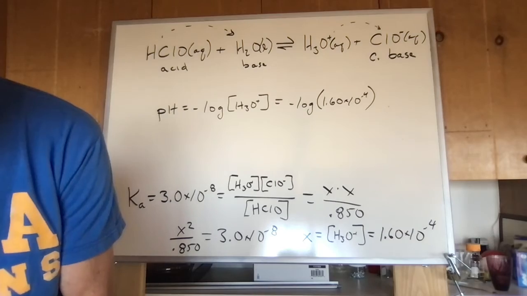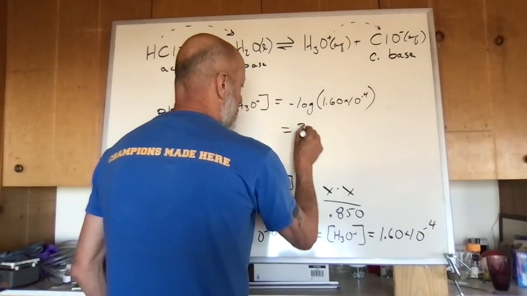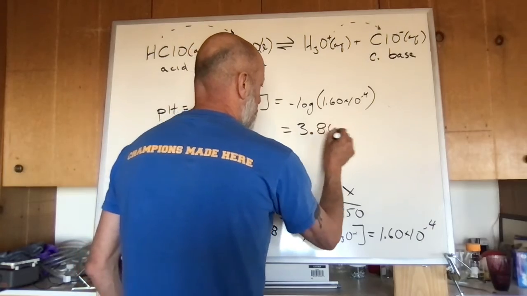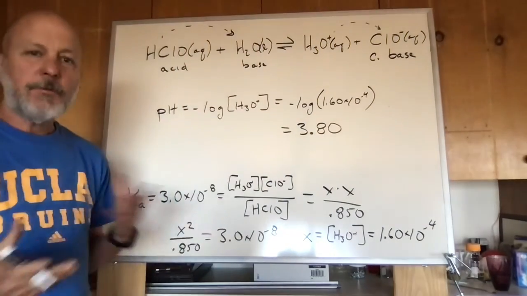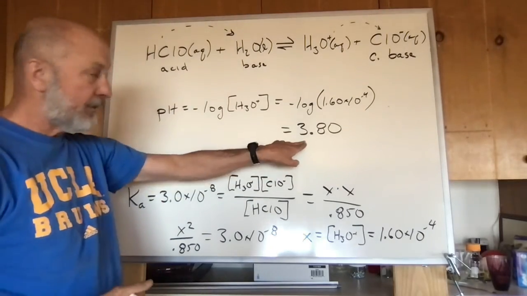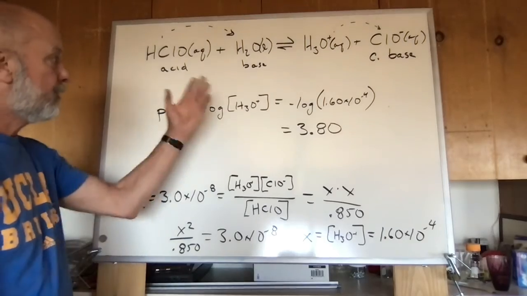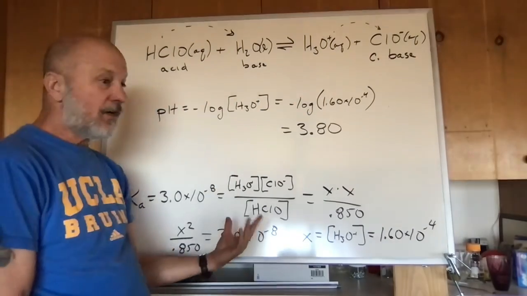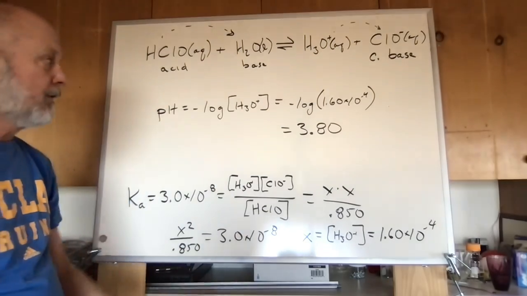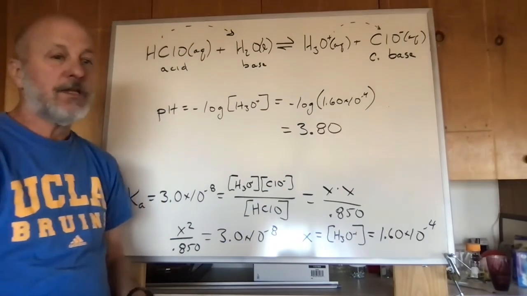I get 3.80 with some rounding. Does that number make sense? Looks okay to me. So it's a weak acid, but it's still acidic. Look at that pH, well below 7. But of course, the last one, with a strong acid, we had a pH of less than 1. Now, because this only partially dissociates, our pH is 3.80.